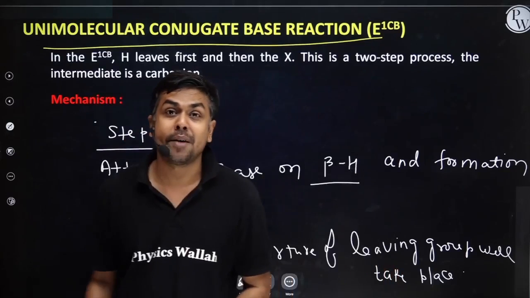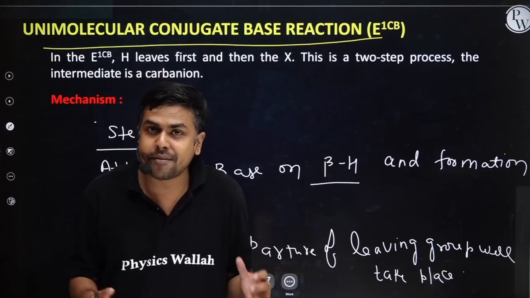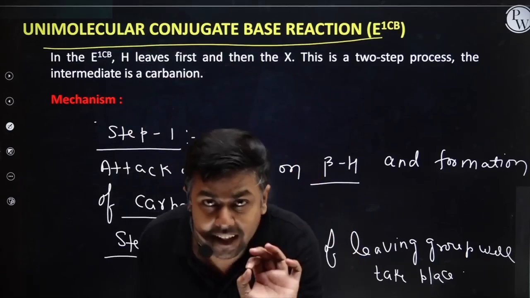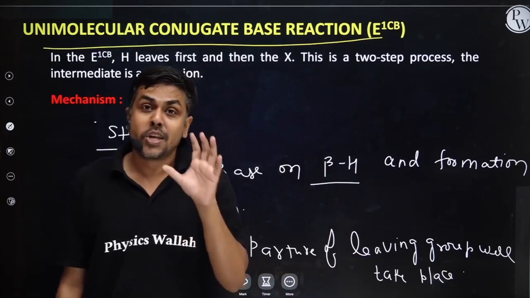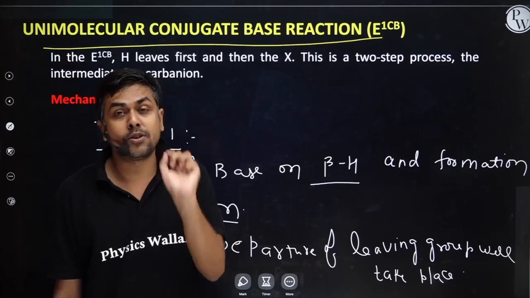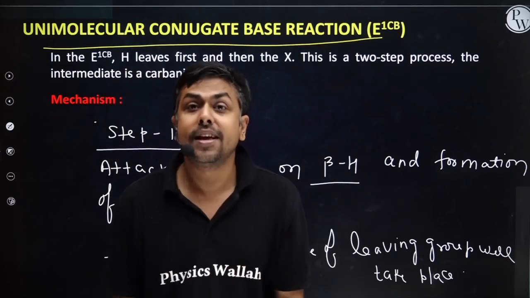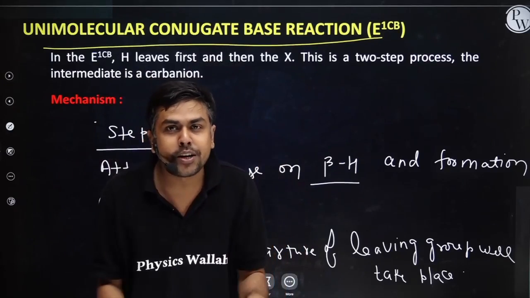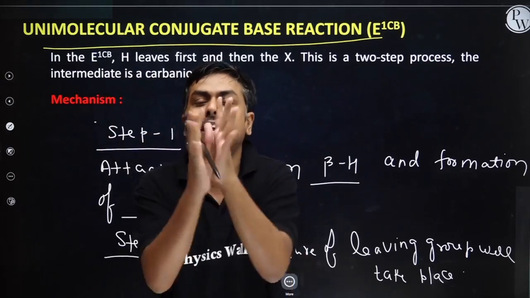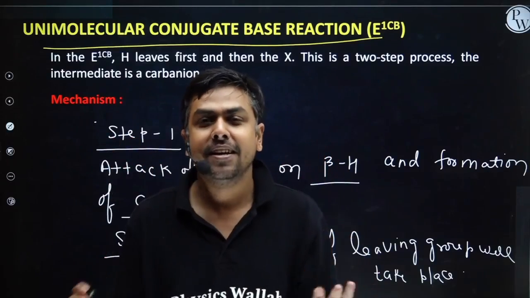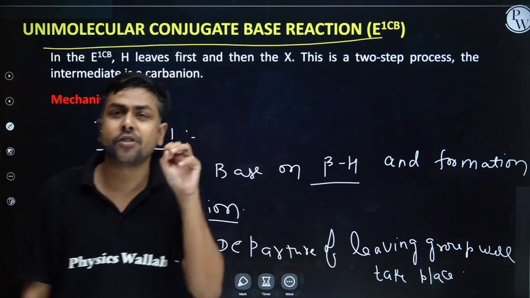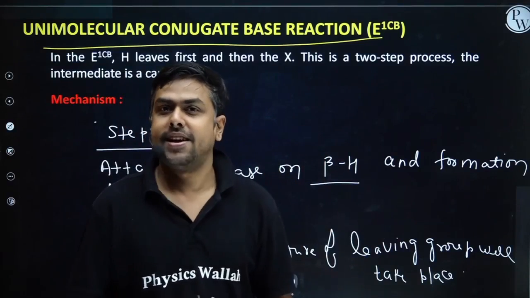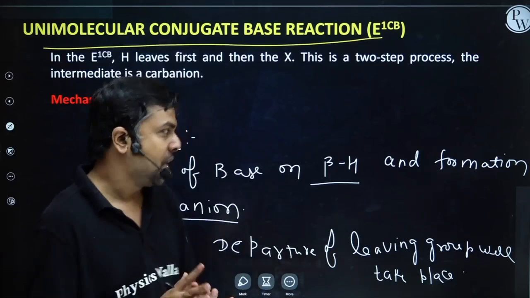So if you are having an acidic hydrogen and a stronger base, you are going to do the E1CB reaction, and in this reaction you are going to snatch the beta hydrogen from that carbon which is less substituted. Am I clear? You are going to remove the most acidic beta hydrogen. Simply remove the acidic hydrogen, check the stability of the carbanion, and then do the elimination reaction. Am I clear, student? Okay.